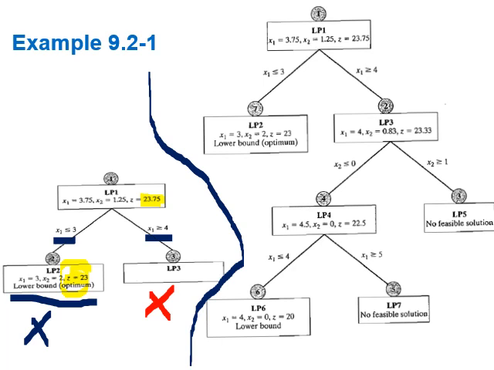But the thing is, we don't know initially while solving which one to continue with. We don't know if we continue with LP2 that it will take shorter or longer. So what do we do? We select one of them randomly. And there are some other rules to select, but usually we have no idea on which one to select.